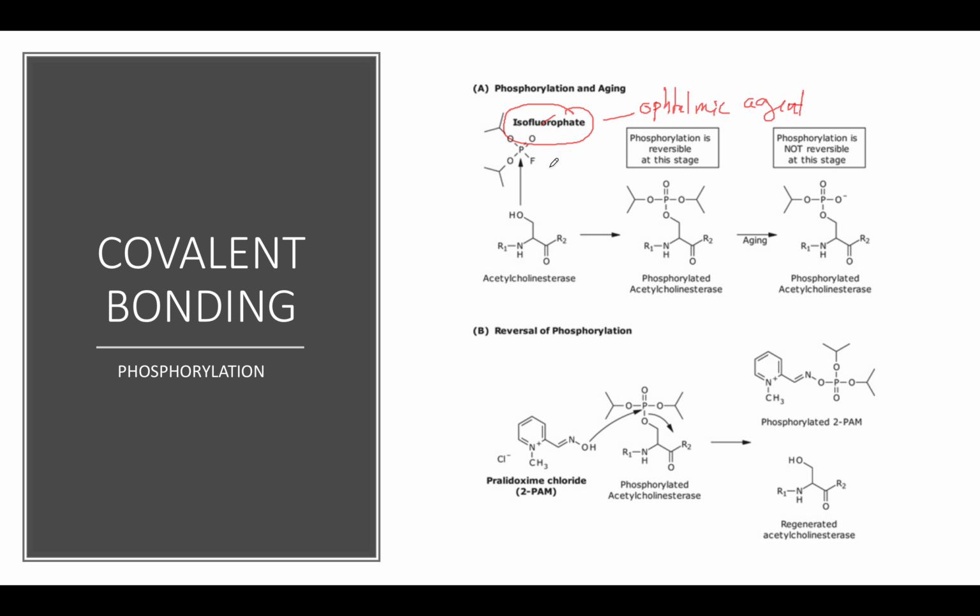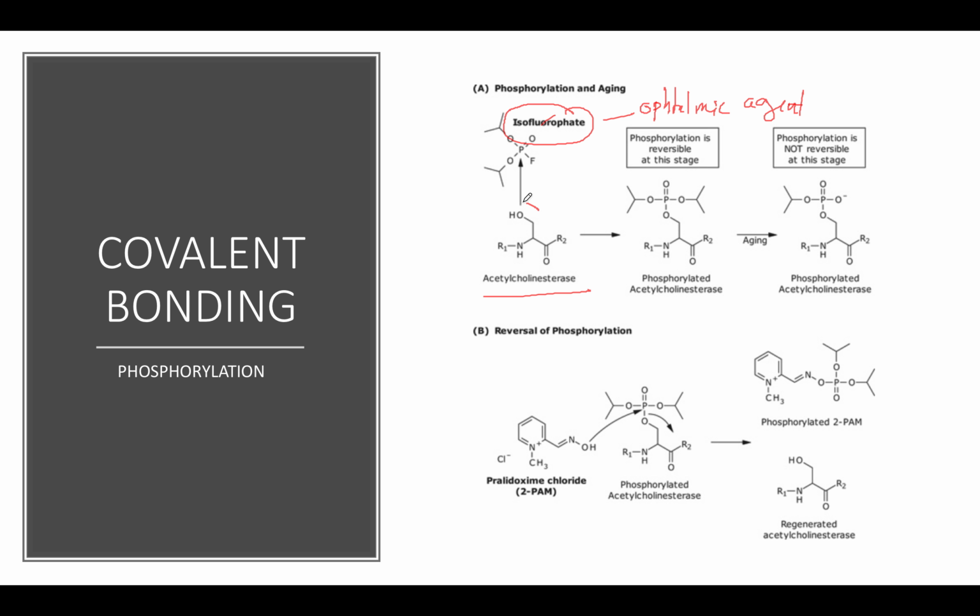Today, most of the organophosphates that you see are used either as insecticides or as military nerve gases, and they're quite toxic because they irreversibly bind to acetylcholinesterase. So the mechanism of action is very similar to what we've seen before with the serines.